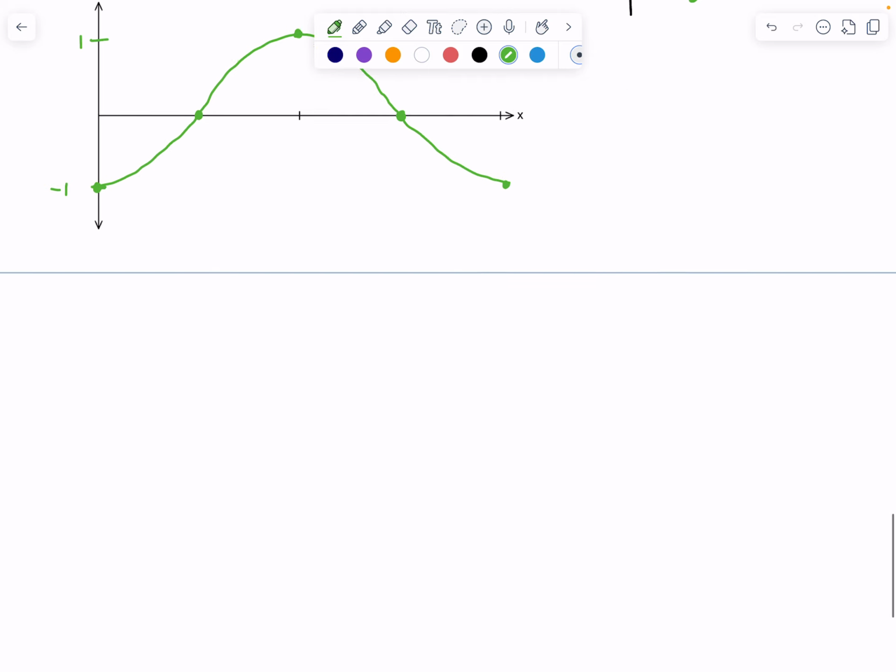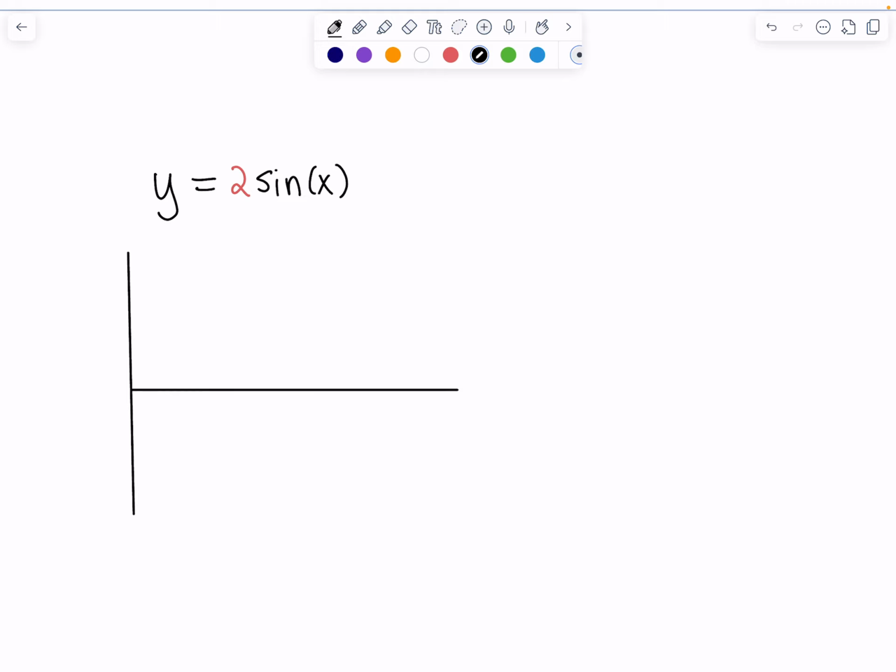So the first one I'm going to ask you to think about is, what do you think placing a number in front might do to how we sketch sine? I'm just going to draw myself a similar kind of grid. There's my x-axis, my y-axis. I'll put my same 4 tick marks.